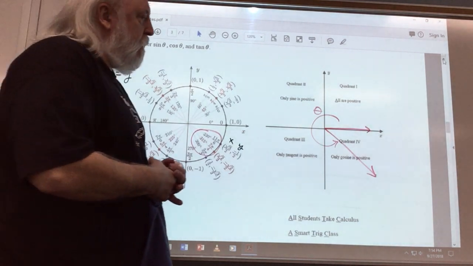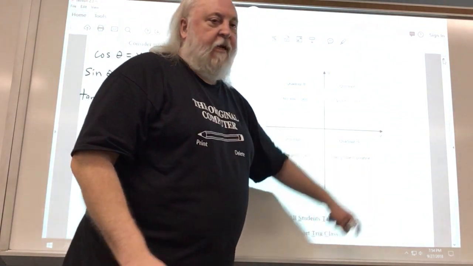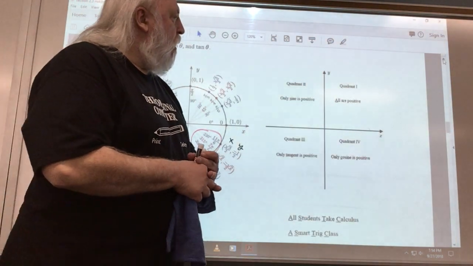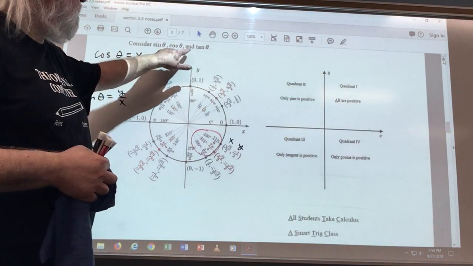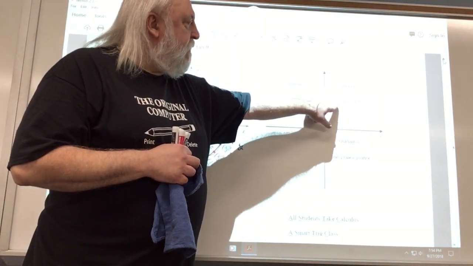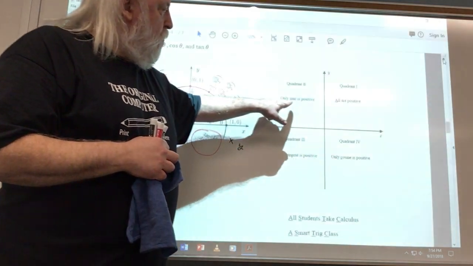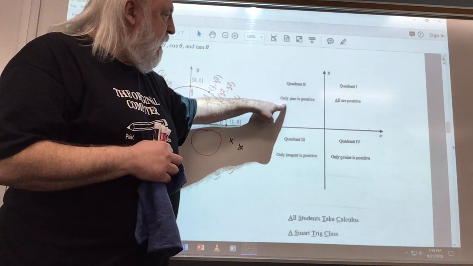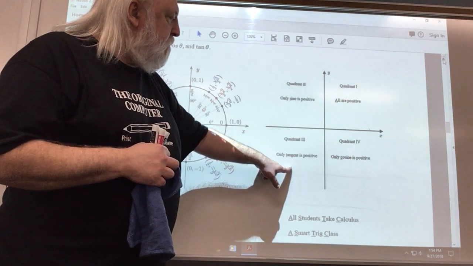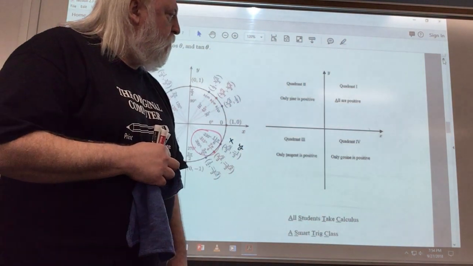And so I have written over here in the coordinate plane, only cosine is positive. So all three, sine, cosine, and tangent, have a positive value if the angle's in the first quadrant. Only sine is positive in the second. Only tangent is positive in the third. And only cosine is positive in the fourth.